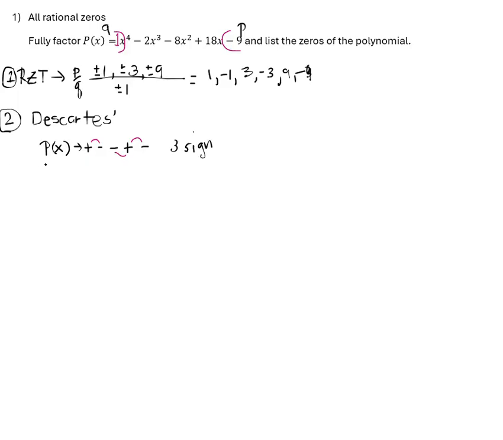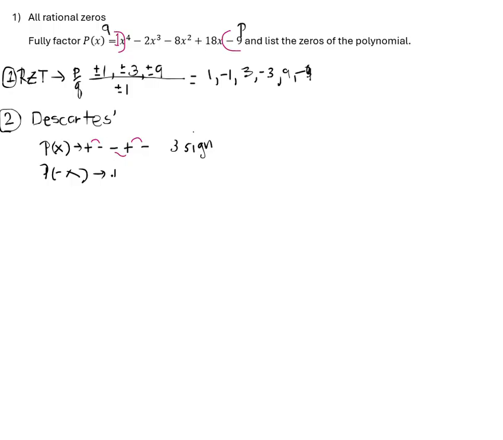All right, if I look at p of negative x, this is going to give me a negative x to the fourth, which means I'll have 4 negatives.